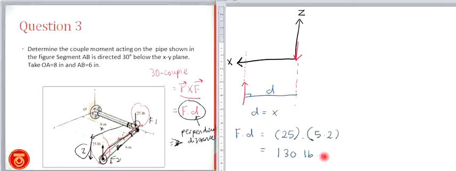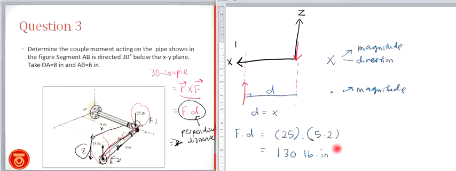But as you learned before, for cross product you can get magnitude and direction. For dot product, you only have magnitude.